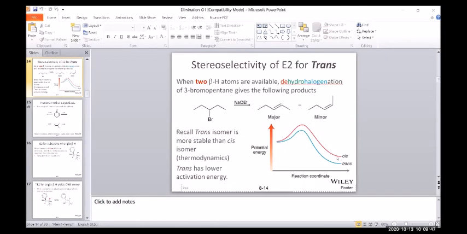And when there are two beta hydrogens that can be removed by the base, the trans product is the major product. It's because in the trans there is less alkyl group eclipsing. Basically, there's no eclipse for the trans configuration.